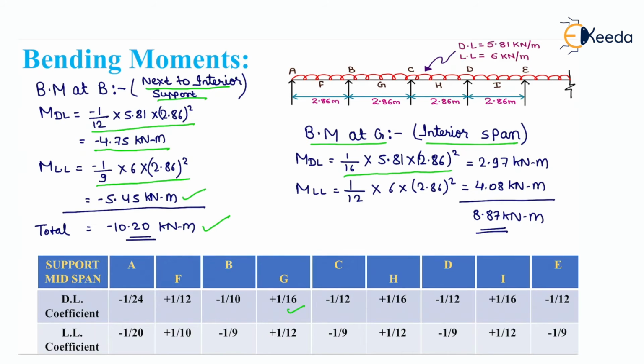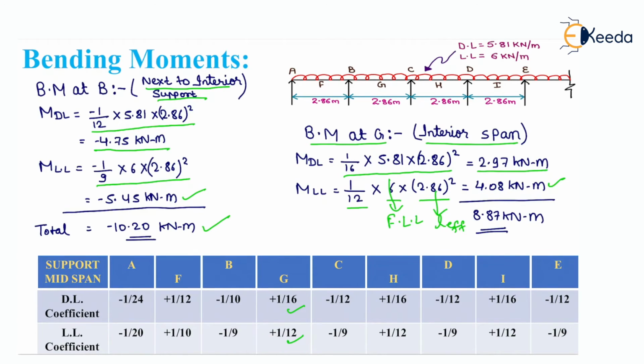Here 5.81 is the factored dead load and 2.86 square is the effective span square. We will get the value 2.97 kilonewton meter. Now bending moment due to live load equals 1 by 12 into 6 into 2.86 square. Here 6 is the factored live load and 2.86 square is the effective span square. We will get the value 4.08 kilonewton meter.